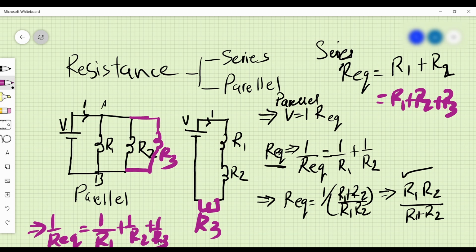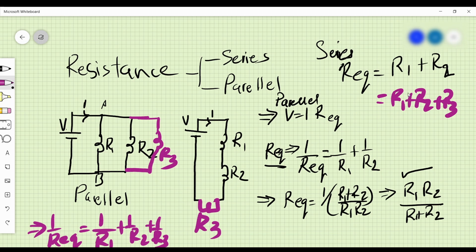It might sound a little complicated to calculate, because then it will be R2 R3 plus R1 R3 plus R1 R2 divided by R1 R2 R3, and then you have to take the inverse of it to get the R equivalent. But when you have numbers here, I think it will look much simpler and be easier to calculate. So that's it for today.